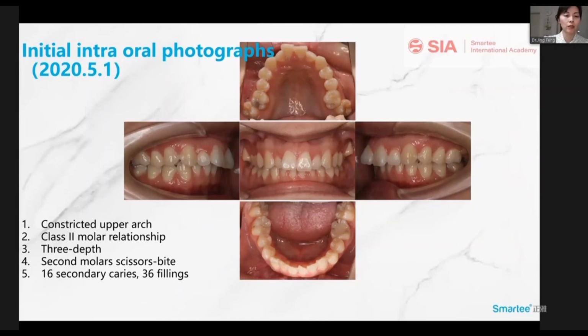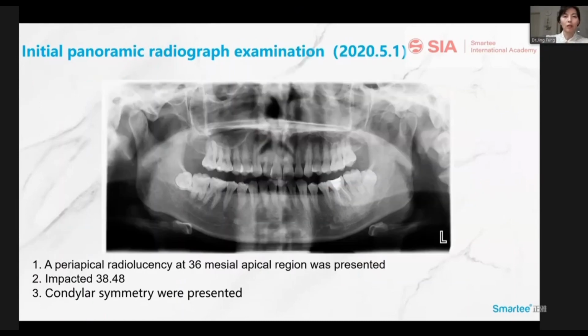Okay, some secondary caries and fillings in her mouth. And the OPG showed no upper wisdom teeth and 2 impacted lower wisdom teeth, and the condylar symmetry was acceptable. But you can notice the molar inclination is tilted mesially.